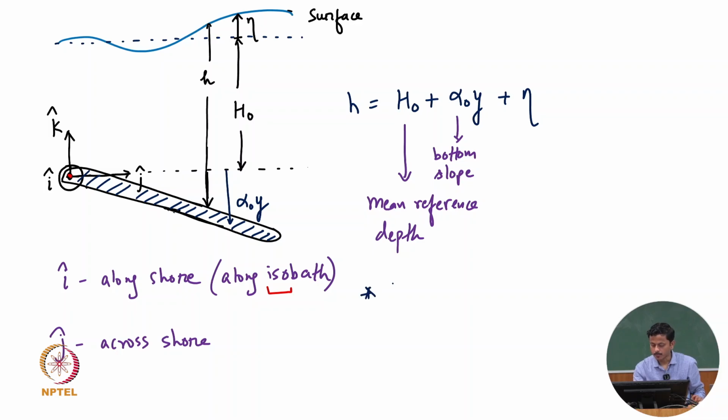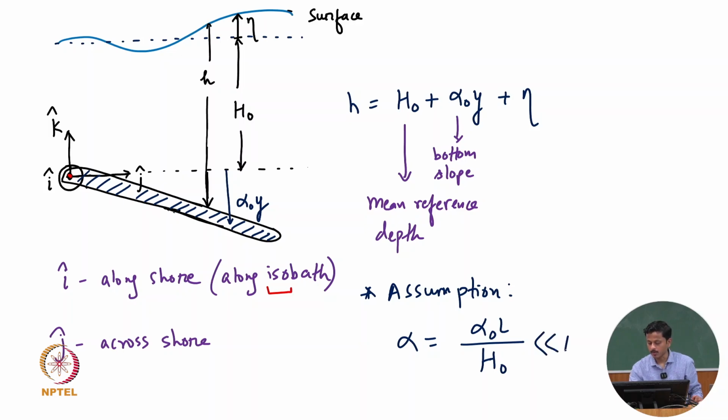So let's see the assumption: the quantity alpha naught L by h naught, where L is any characteristic length scale along the x direction, is much less than 1. That means the change in the slope with respect to the total height of the water column is very small.